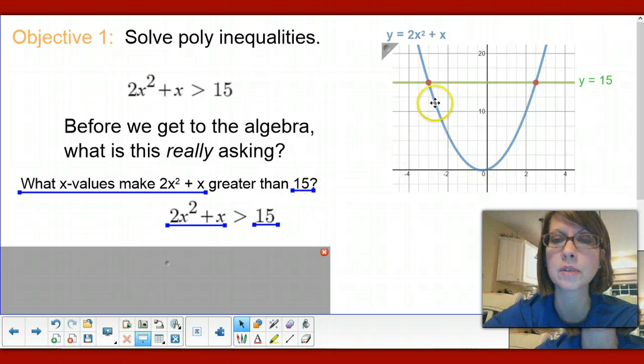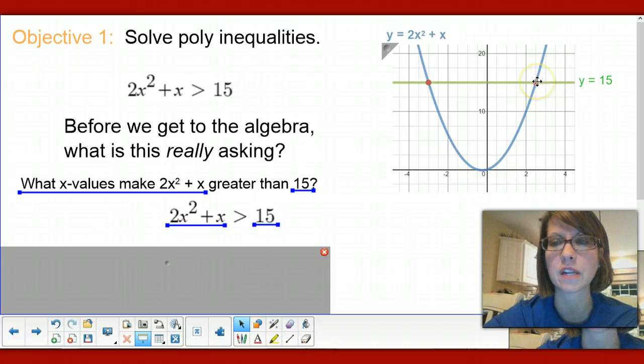So back here, this arrowed ray, these would be the points that are greater than 15, and then these on this side of the parabola.